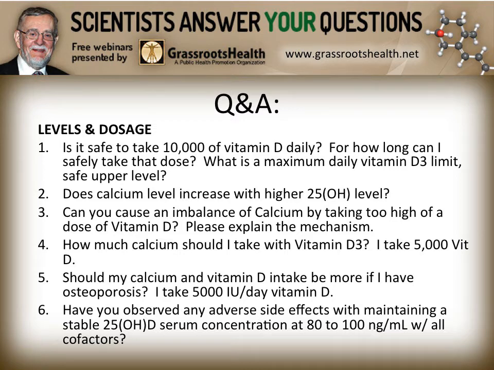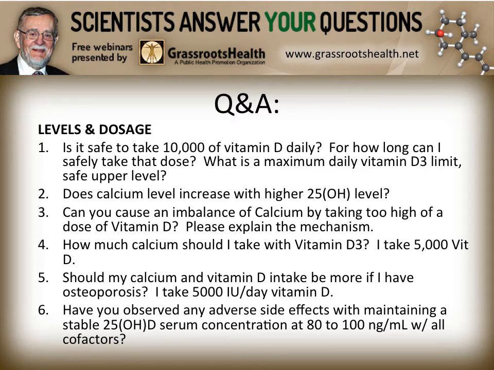The fifth question, should my calcium and vitamin D intake be more if I have osteoporosis? And this person, again, takes 5,000 IUs per day. Well, I think the requirement for people with osteoporosis is probably no different from the requirement for people without osteoporosis, and that is we all ought to have a calcium intake in the range of 1,200 to 1,500 milligrams per day, and we all ought to have a 25-hydroxy-D level of at least 80 and preferably above 100 nanomoles per liter, which is 40 nanograms per milliliter.